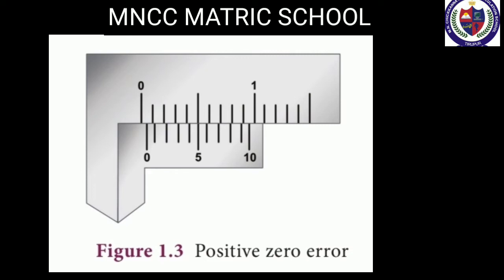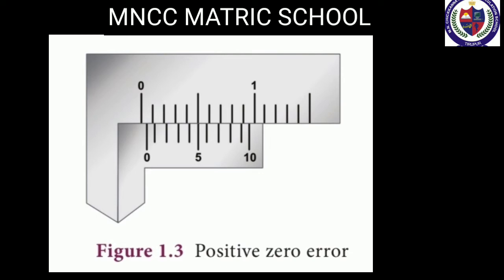See, this picture is called positive zero error. First, what is zero error? The zero marking of the main scale should coincide with the zero of the vernier scale. If they coincide, there is no zero error. If they do not coincide with each other, the instrument is said to have zero error.